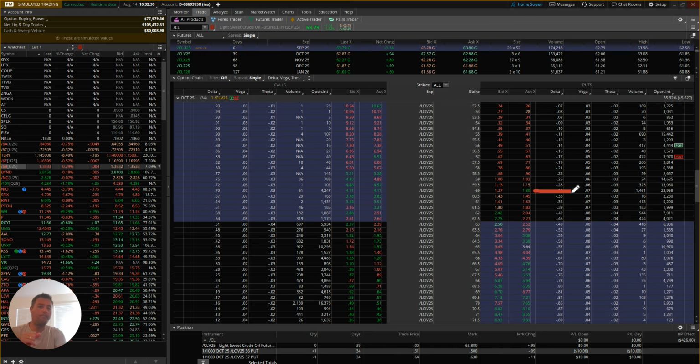There's another criterion that I follow, which is I have to lose at least 1.5 times my net credit to make an adjustment. So I collected $130, let's say, for example. The P&L in the account has to be minus 130 to minus 200 before I make an adjustment. I think when the market drops by $3, that's where you will end up anyway. Okay, so those are the two criteria I look at.